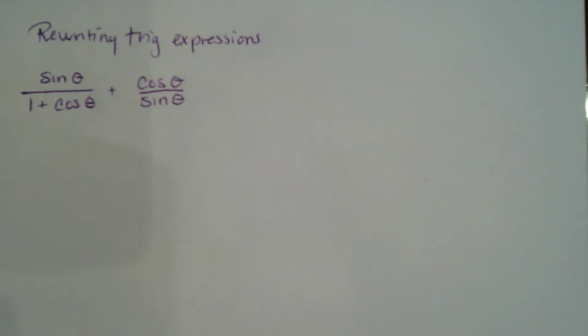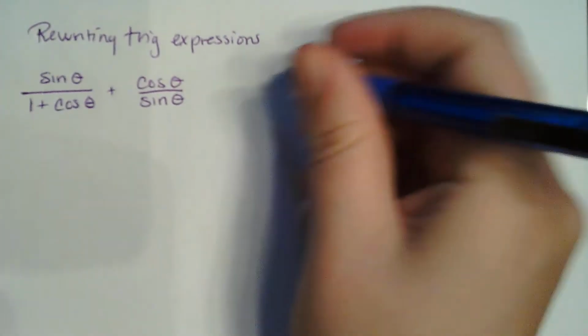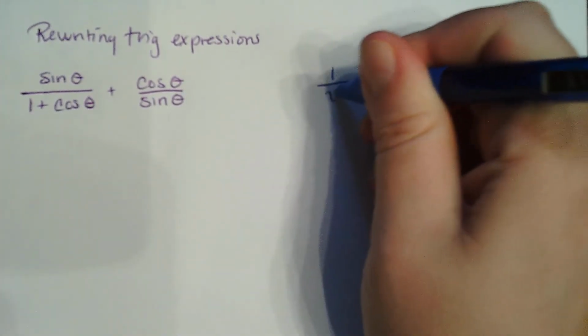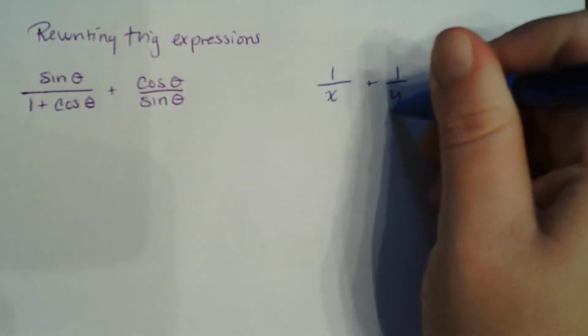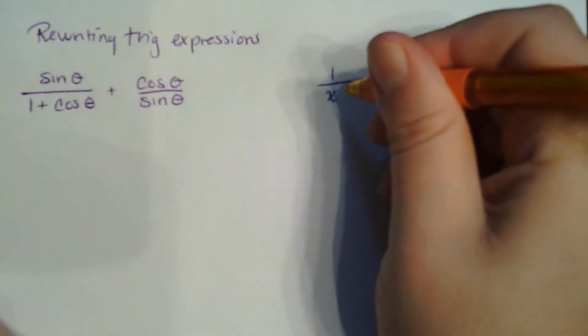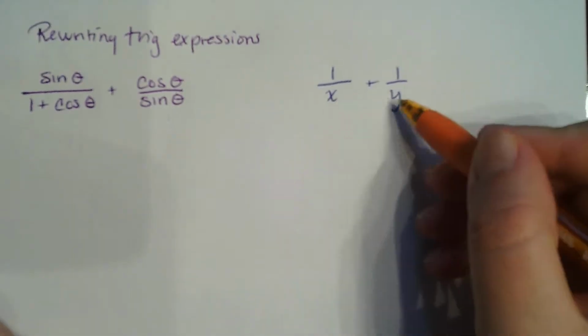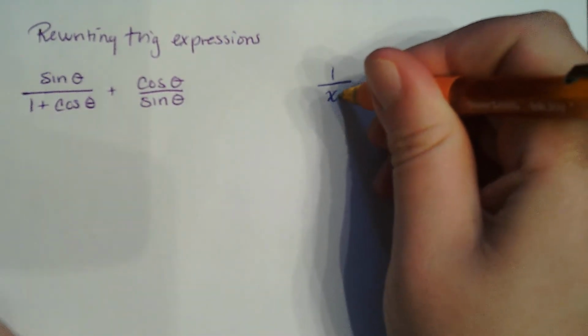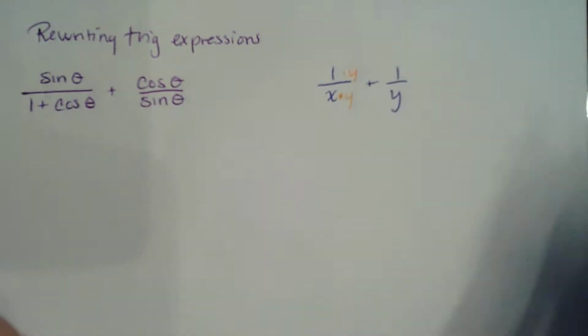So we want to add these together because we want to simplify this the best that we can. And in order to do that, we have to be reminded of this. What if we had 1 over x plus 1 over y? We know that if we are adding things with different denominators, we need them to have the same denominator. So the first fraction has an x but needs a y, so we would give it a times y on the top and the bottom.